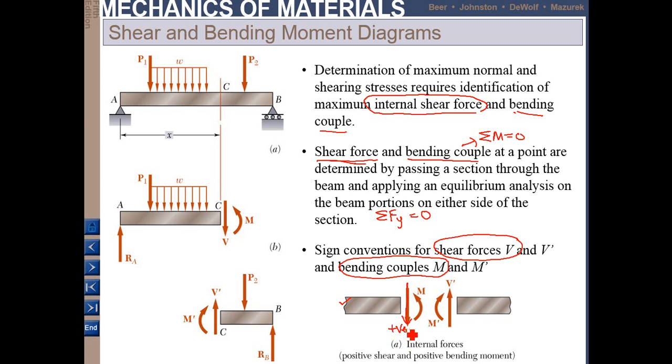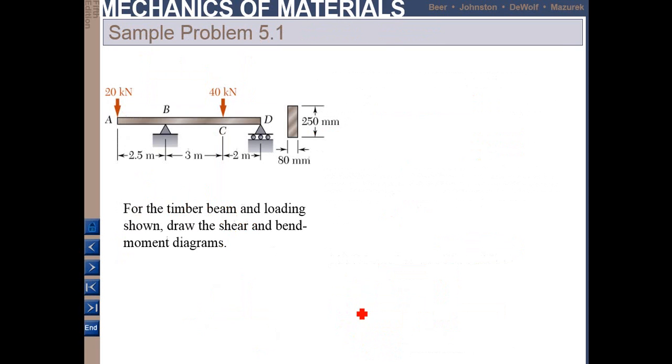We put this sign as positive, and the acting moment or couple going in this direction is a positive direction of the moment. If you start from the right, you use the opposite concept, in which this direction is positive, and the internal shear force going upward like this is positive. But typically people will use the left. We will start from the left.